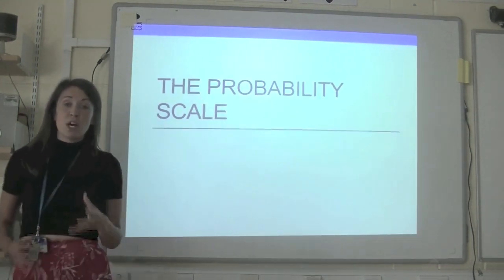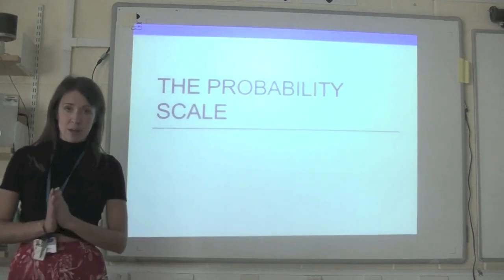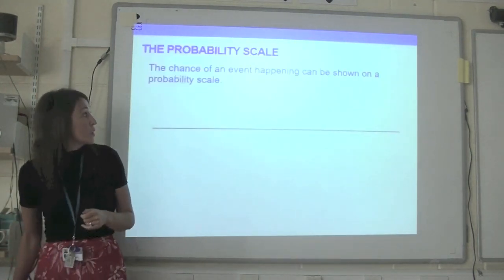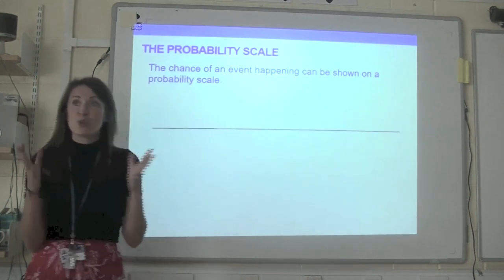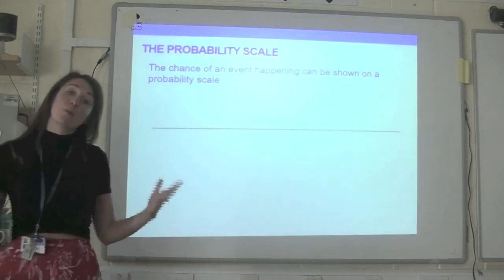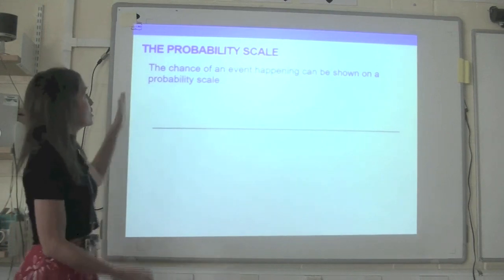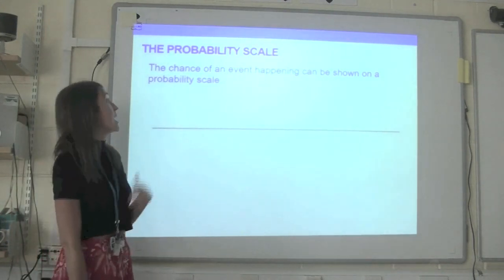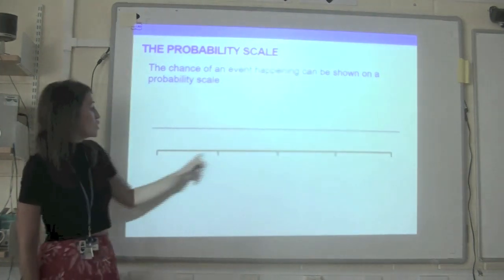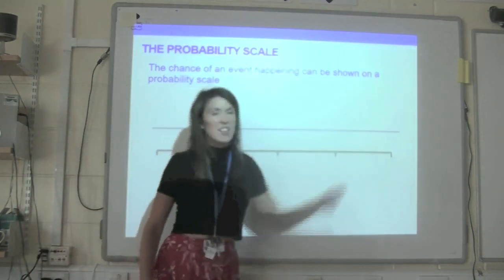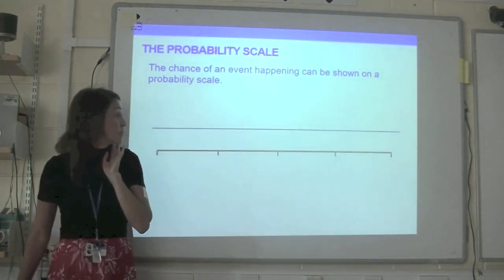Now, we also learn about the probability scale. So the probability scale gives us a way of visually representing the probability of something happening. So the chance of an event happening can be shown on a probability scale, which we draw like this with little lines to help guide us.